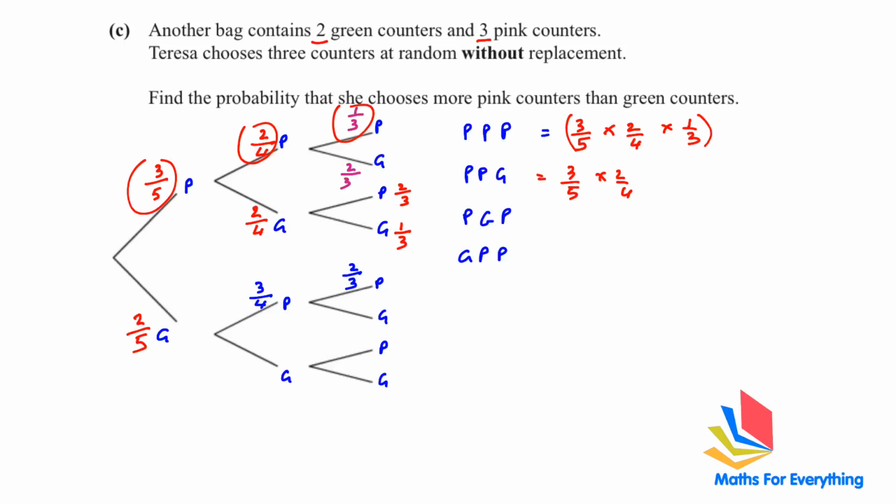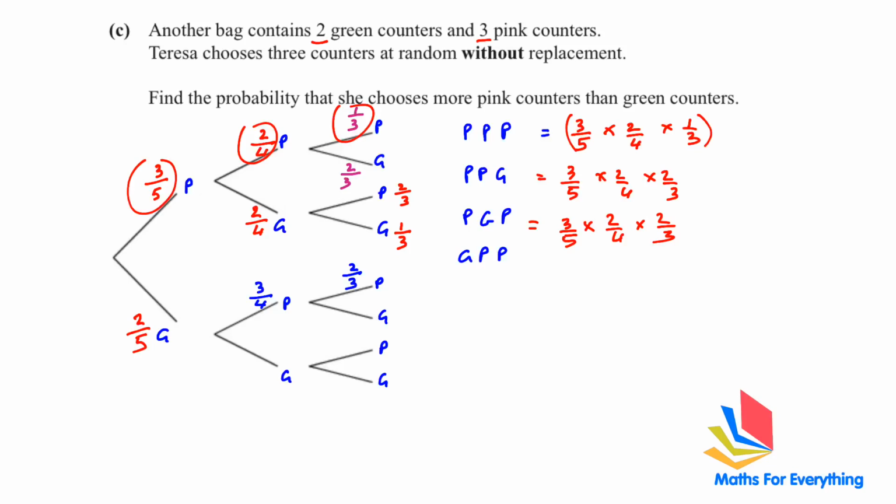We are moving here, and the green, which is 2 over 3. And then we are taking the probability of pink, green, and pink. This branch here, pink is 3 over 5, and green is 2 over 4, and pink is 2 over 3.